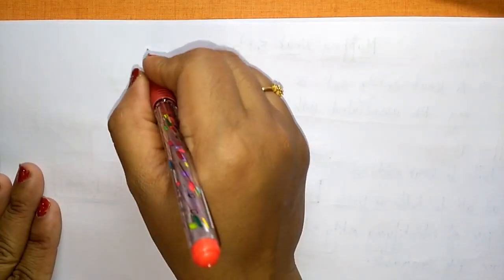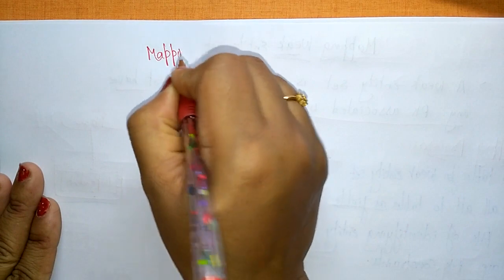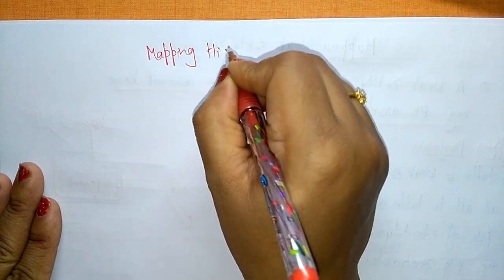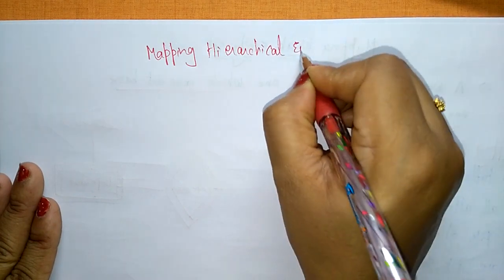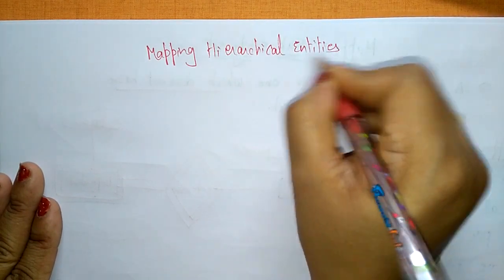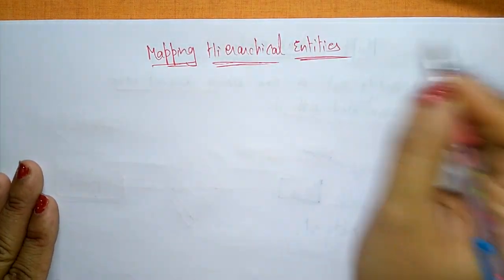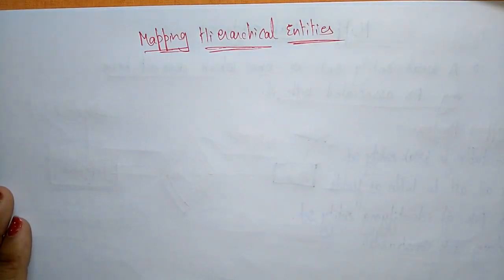Now let us see mapping hierarchical entities. So the next topic is mapping hierarchical entities. This is one of the important topics. Here, in mapping hierarchical entities, you will come across specialization and generalization.